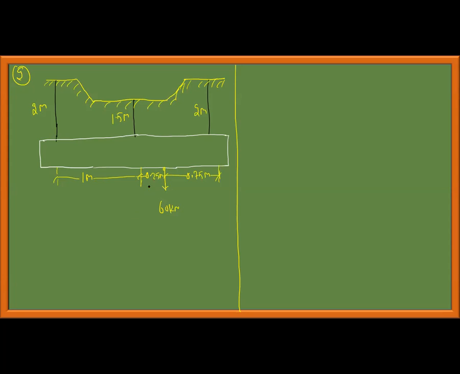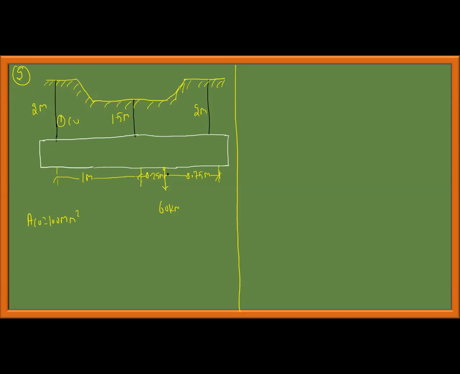The problem statement is like this: a rigid bar is suspended from three rods and loaded as shown in the figure. Rod 1 is of copper, with cross-sectional area equal to 100 mm square.